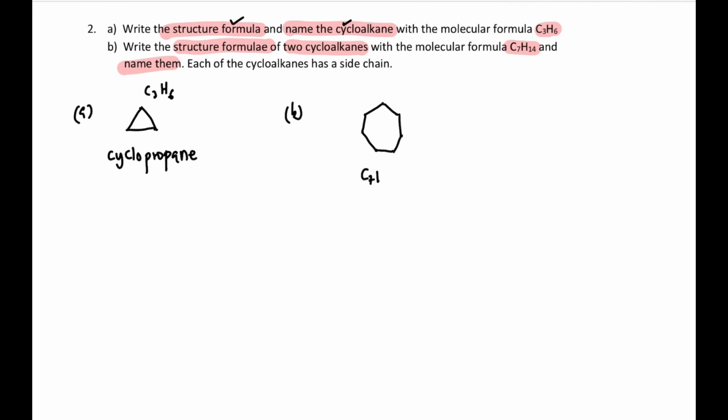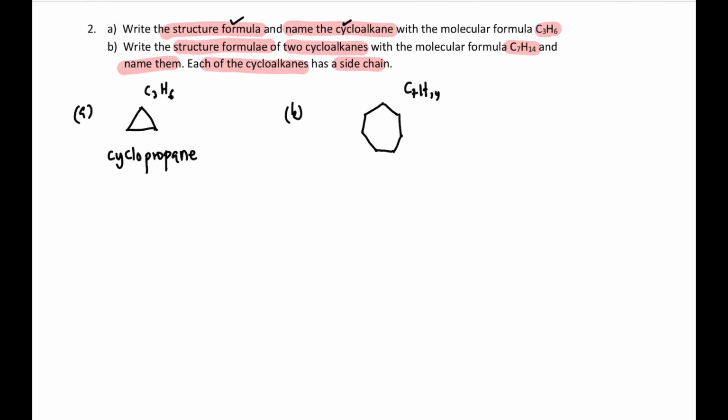C7H14. Alright, so what is the name of this? Oh wait, there's extra information here. Each of the cycloalkanes has a side chain.